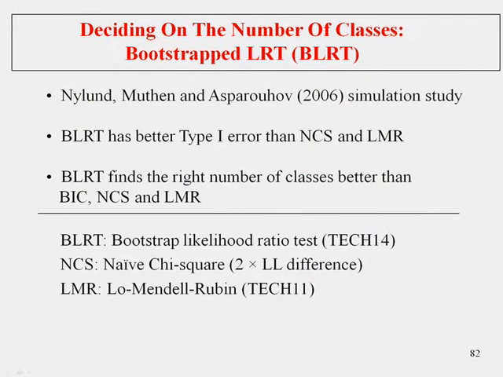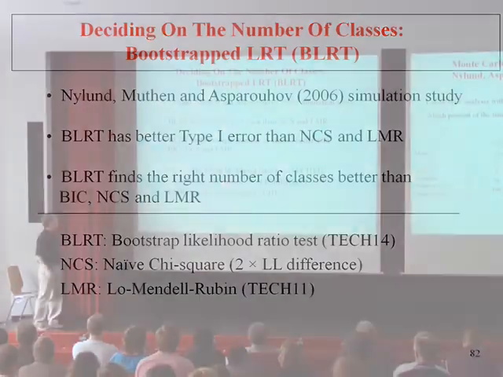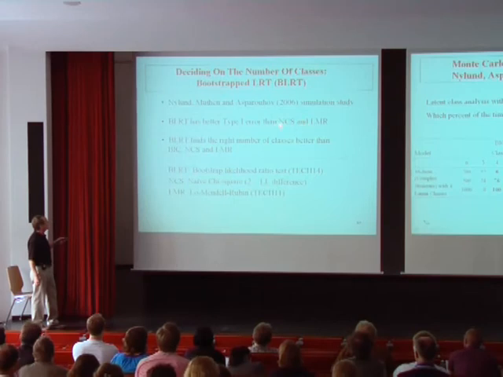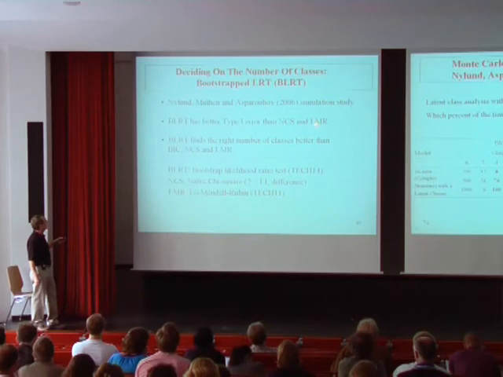She found that the bootstrap likelihood ratio test has a better type 1 error, you know, the probability that you reject the model when it's correct, than NCS, being the naive chi-square, that is taking the 2 times log likelihood difference and pretending that it is chi-square, even though we know it isn't, right? So it's the wrong chi-square, naive chi-square. So bootstrap has a better type 1 error than the wrong way of doing it, and than Lo-Mendell-Rubin.